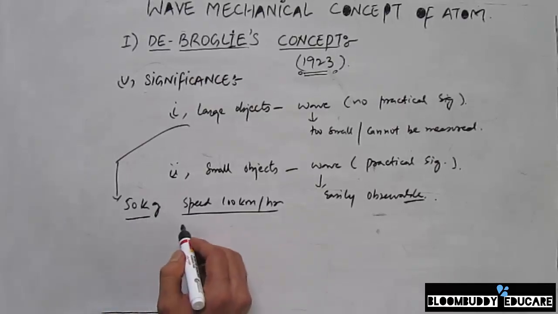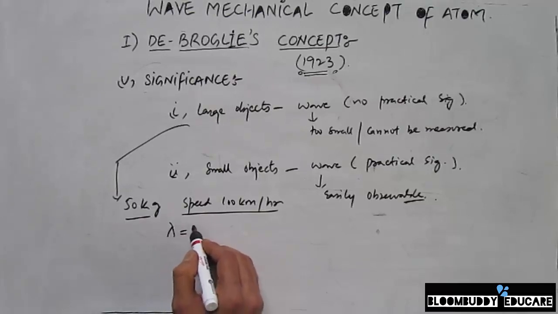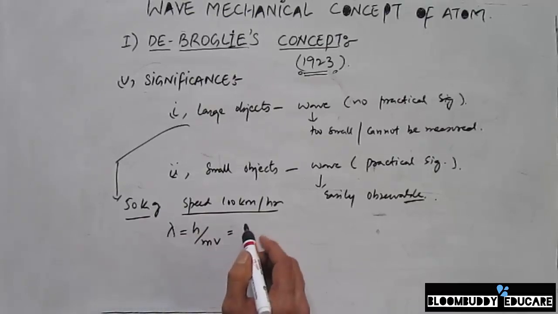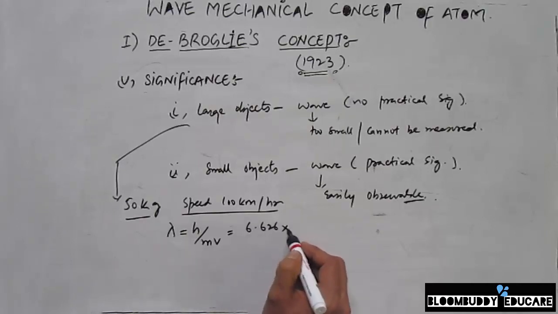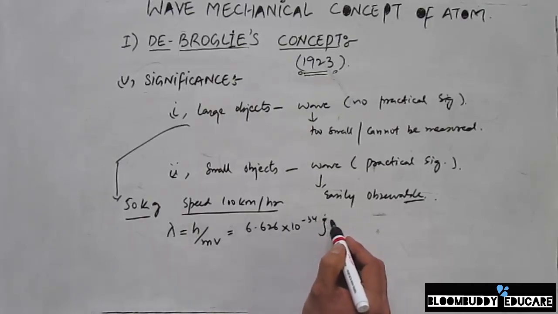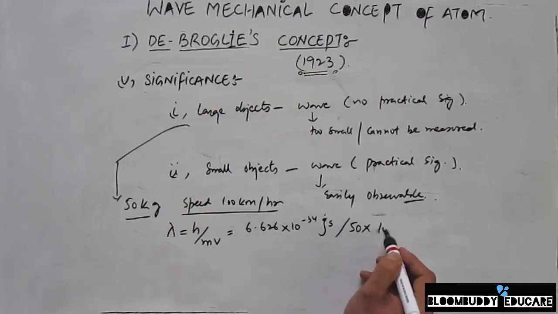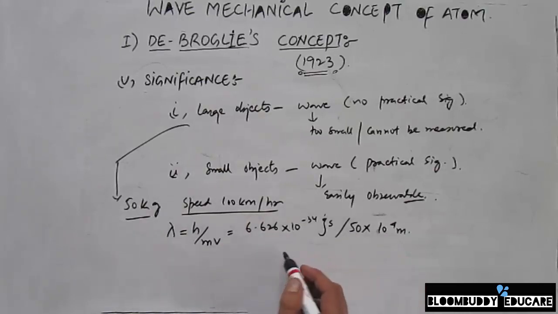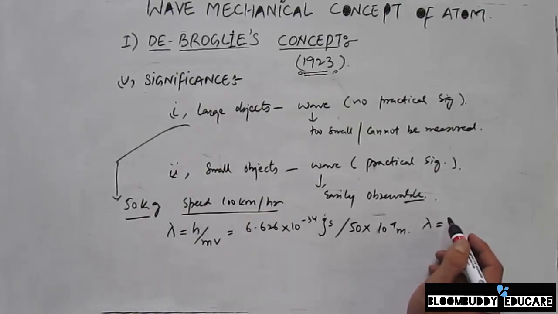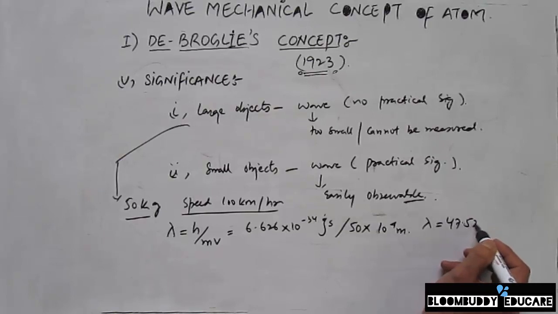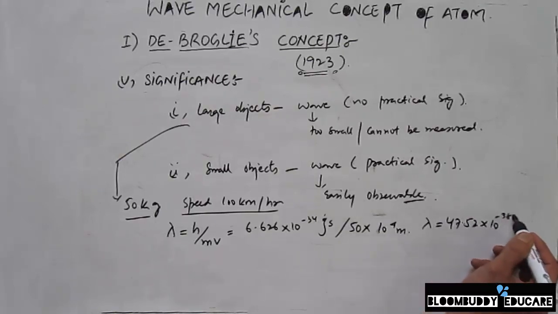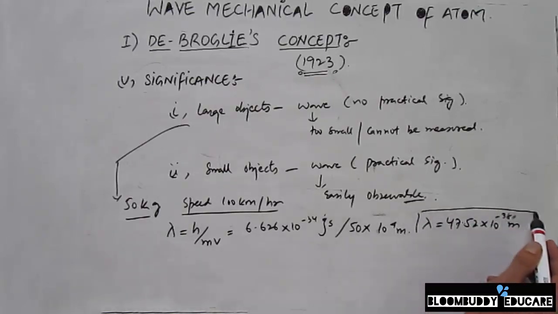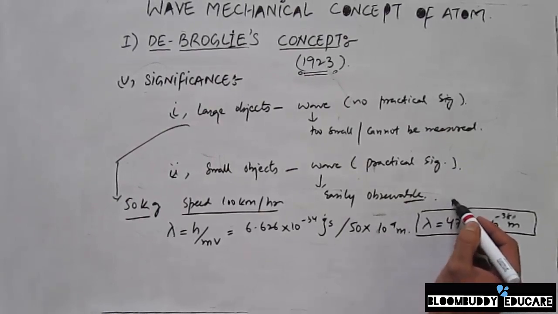Then the wavelength associated with that person is lambda equals h by mv, which is equal to 6.626 into 10 raised power minus 34 joule second divided by 50 into 10 raised power 4 meters. 100 km is equal to 10 raised power 4 meters. Then the value of lambda, the wavelength associated with that person, is around 47.52 into 10 raised power minus 38 meter. This wavelength is almost negligible. It's very small, it's negligible.